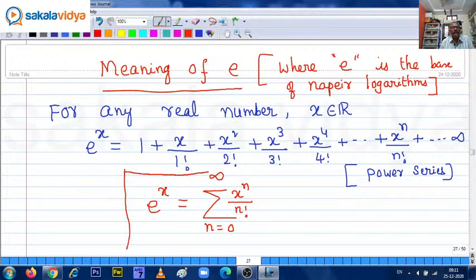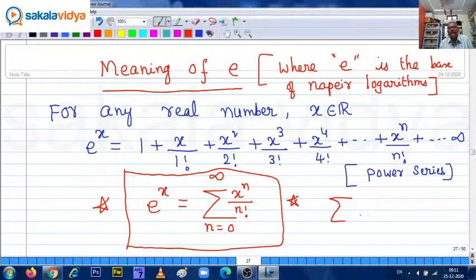When you go for higher studies, you will find such symbols. This is the short form. Sigma means summation, and summation means adding.